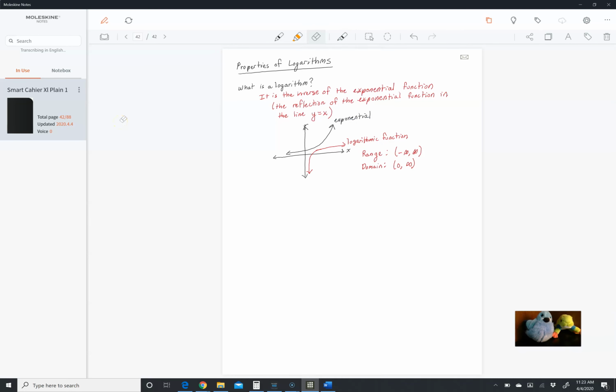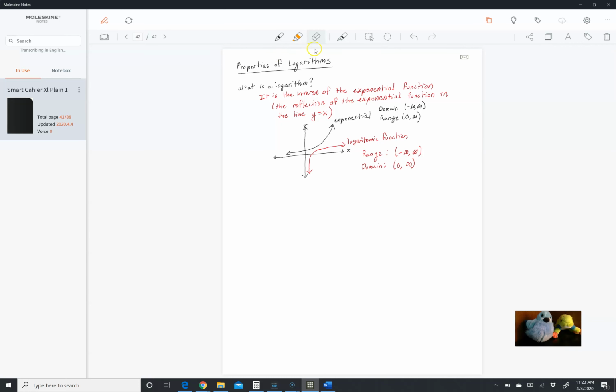So I'll put this down here again, but you can see that they just switch because the x and the y are switching. They're inverse functions. The domain of one is the range of the other. So let's talk about how this works then, and then we'll talk about the properties.